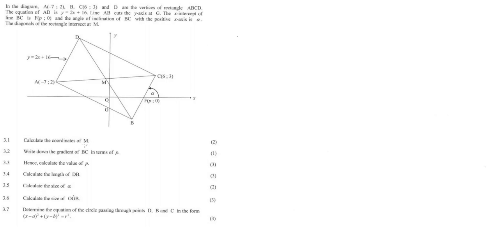They say coordinates of M. So when they say coordinates of M, what do you do? You go to the statement, where they say the diagonals intersect at M, meaning that M should be the midpoint. Midpoint of what? Of DB or BD or AC.